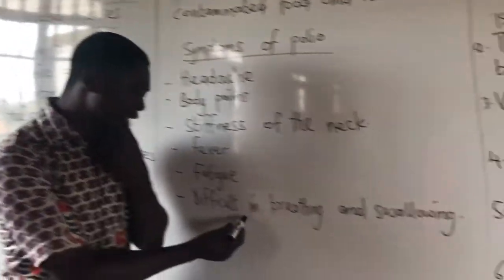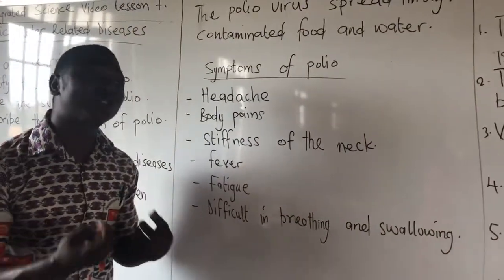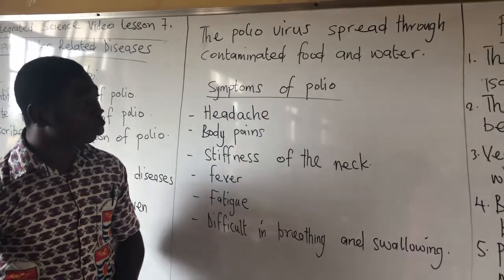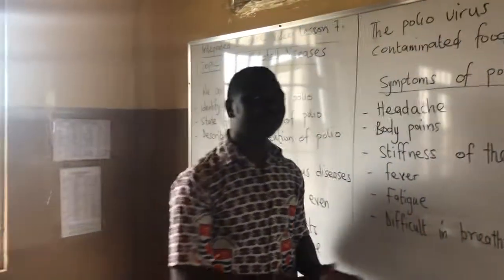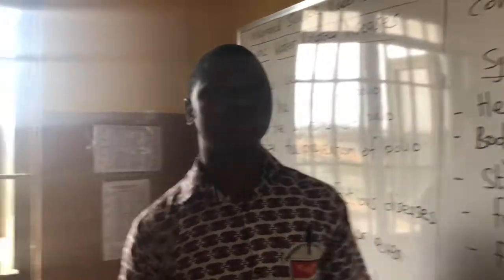And difficulty in breathing and swallowing. You can't swallow, or when food is there for you, you can't even eat it. So these are some of the symptoms of polio. This is not all; we have more. You get me? Good.